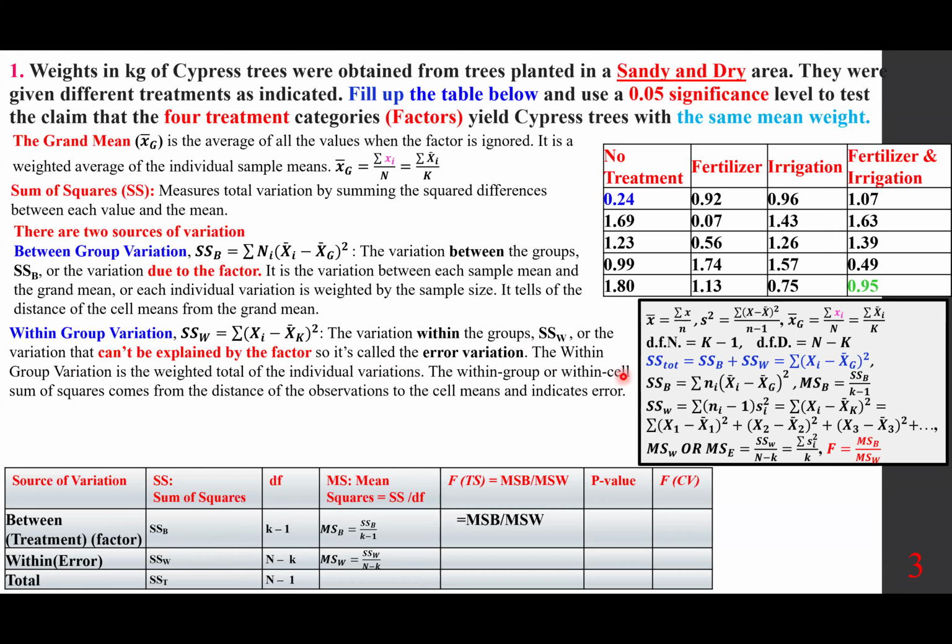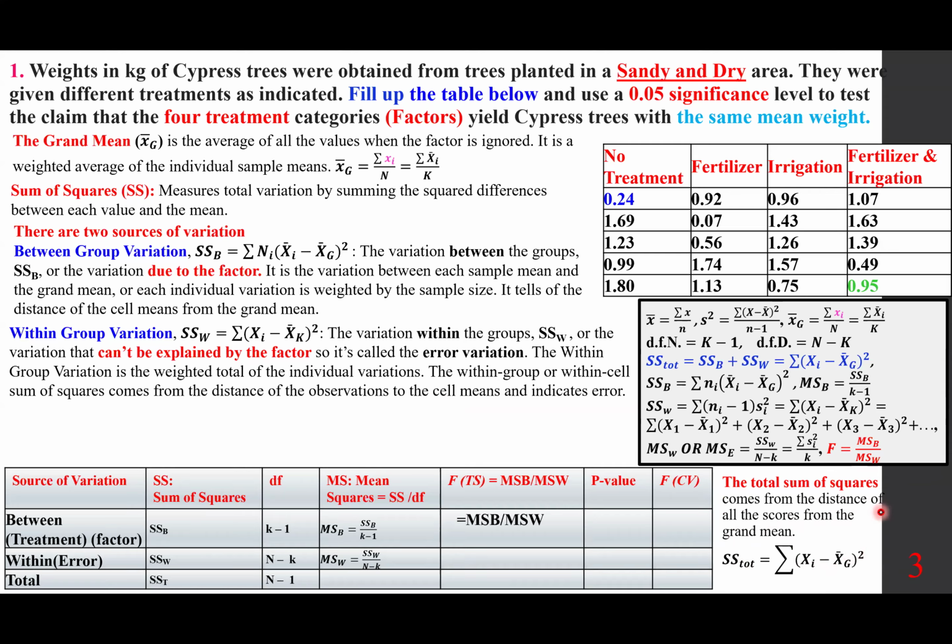The within group or within cell sum of squares comes from the distance of the observations to the cell means and indicates error. The total sum of squares, SS sub t, comes from the distance of all the scores from the grand mean, summation of x sub i minus x sub g bar, quantity squared.